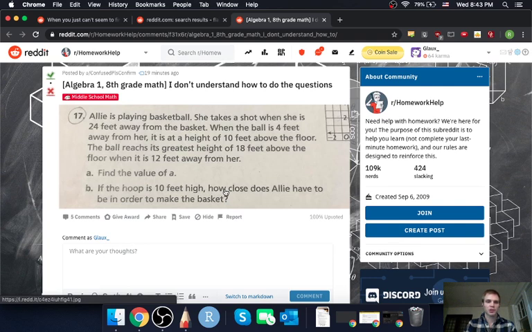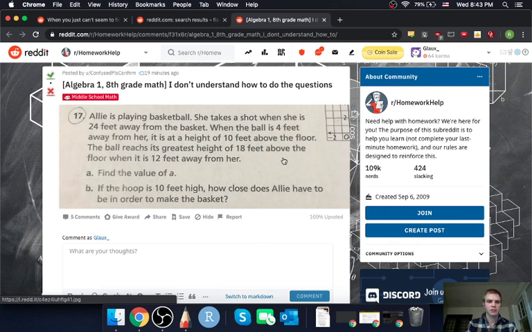Allie is playing basketball. She takes a shot when she is 24 feet away from the basket. When the ball is 4 feet away from her, it has a height of 10 feet above the floor. The ball reaches its greatest height of 18 feet above the floor when it is 12 feet away from her.